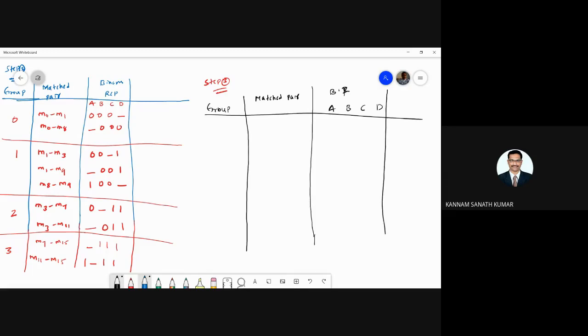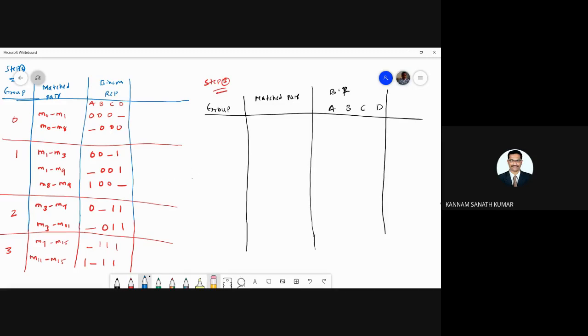Now what you should do, you should compare M0 M1 and M1 M3. Here M0 M1 is 000-, and M1 M3 is 00-1, so we can't compare them.